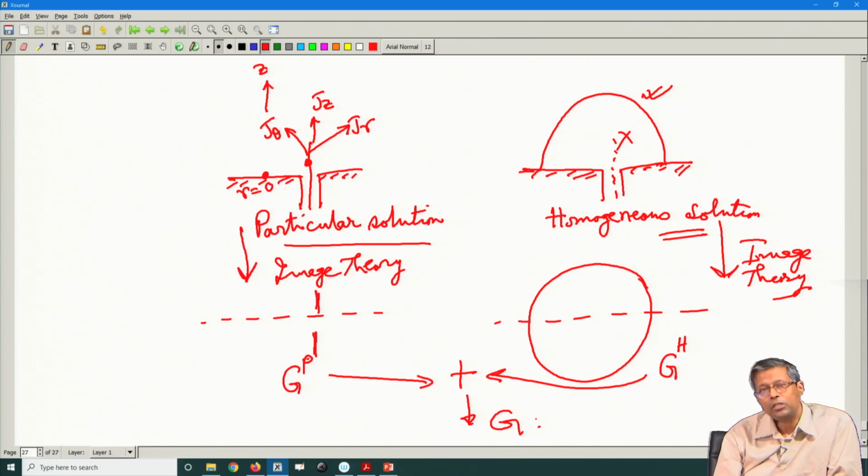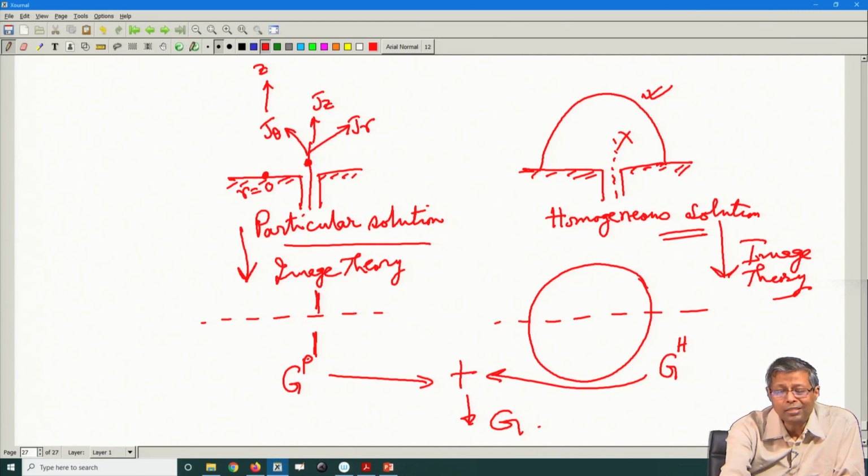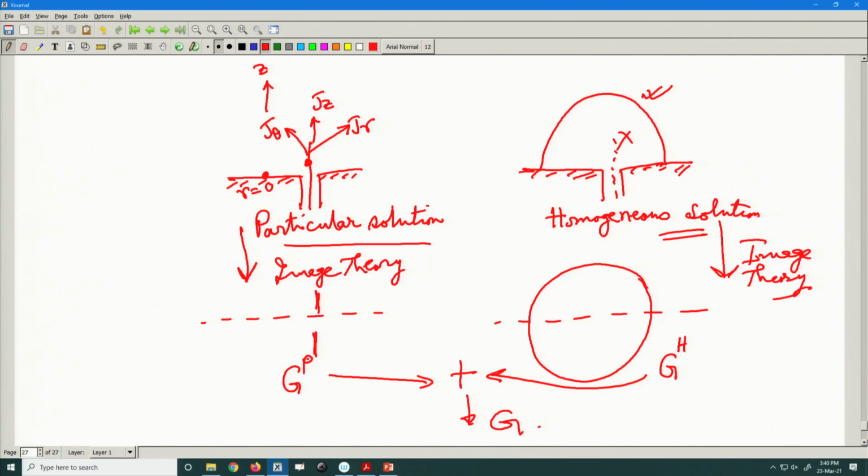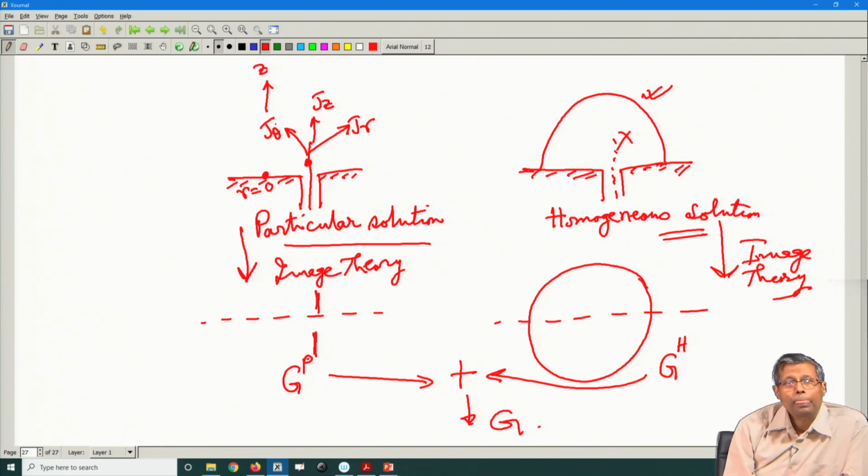How does it happen? We will again discuss it in more detail, but roughly the basic thing is that you write down the potential functions involving the modes, step 1. Then write down the fields from the potential functions and match the fields at the discontinuity.